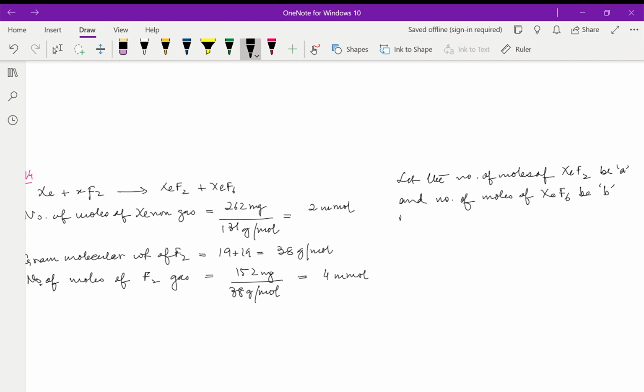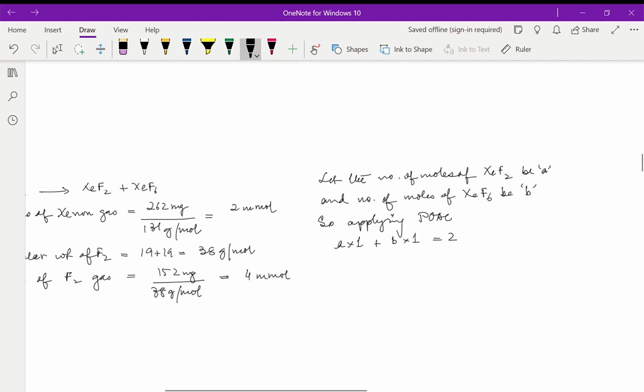So now applying POAC, we can say A into 1 plus B into 1 is equal to 2.